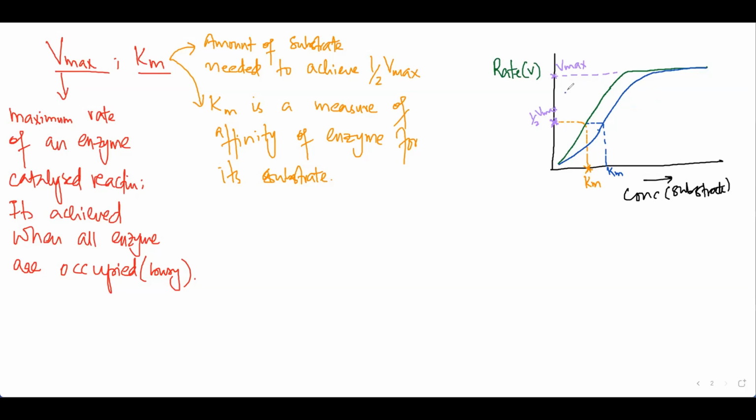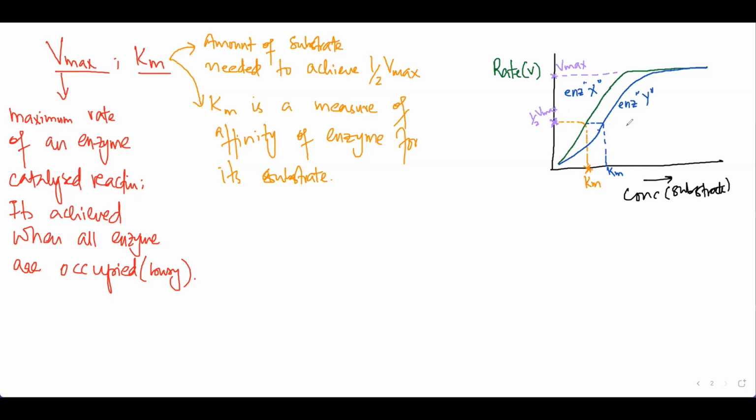Okay, let's label it enzyme X, enzyme Y. So children, see, enzyme X needs this much substrate to achieve half of Vmax. Enzyme Y needs this much substrate to achieve half of Vmax. So which enzyme needs more substrate?